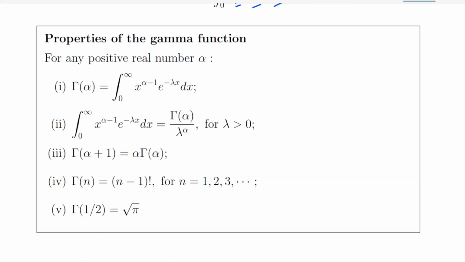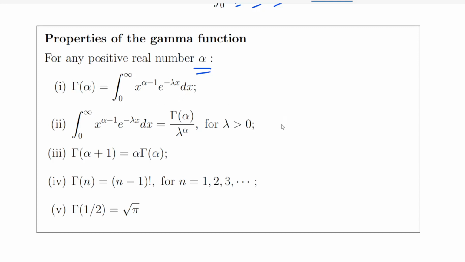Here are the key properties that we're going to look at with the gamma function. For any real positive number alpha, we have 5 properties that we can use. The gamma function of alpha is the integral from 0 to infinity of x to the power of alpha minus 1 times e to the minus lambda x dx. That's the key function here.